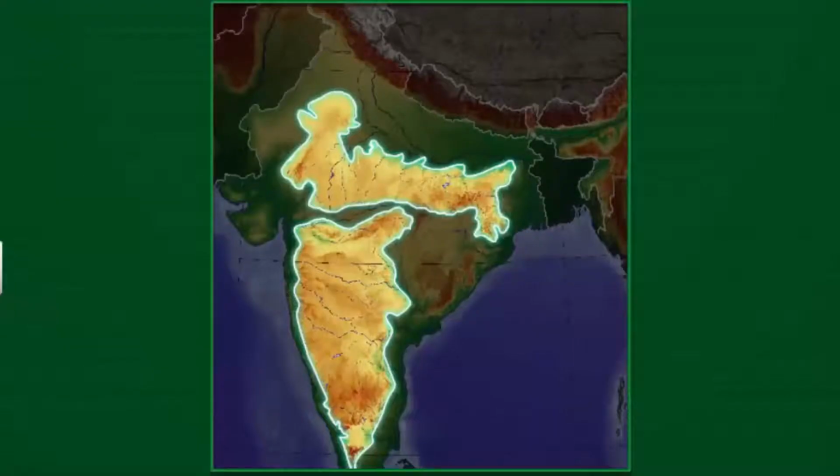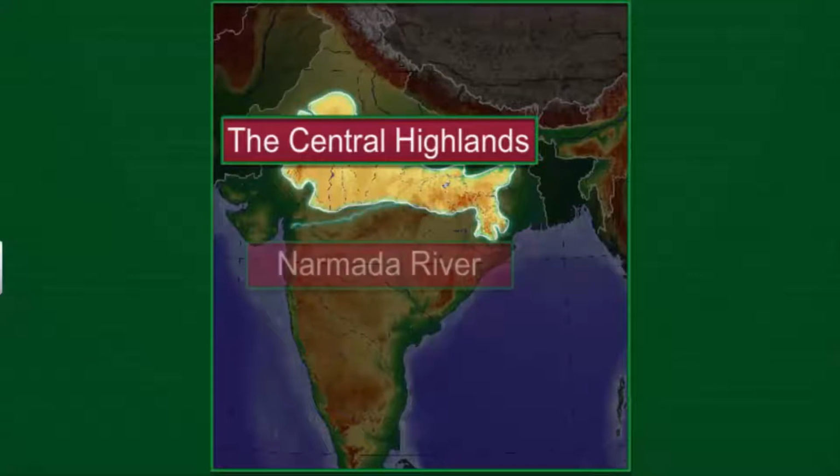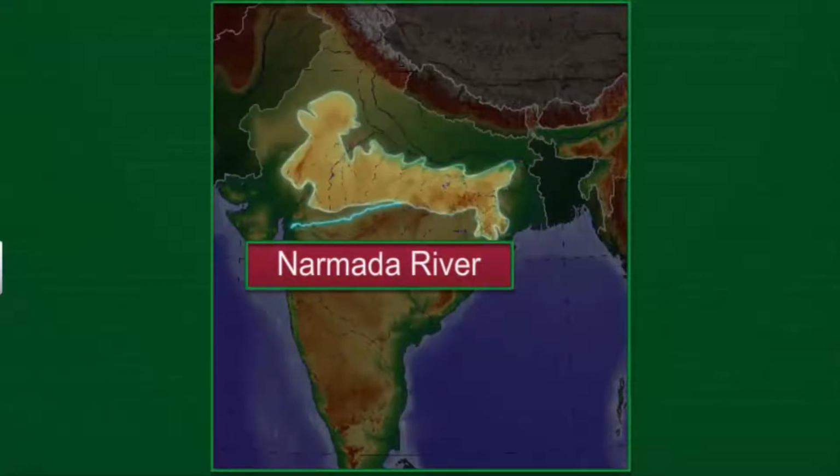Let's check out these areas on the map. The Central Highlands refer to the portion of the Peninsula Plateau that lies to the north of the Narmada River. It covers a majority of the Malwa Plateau.